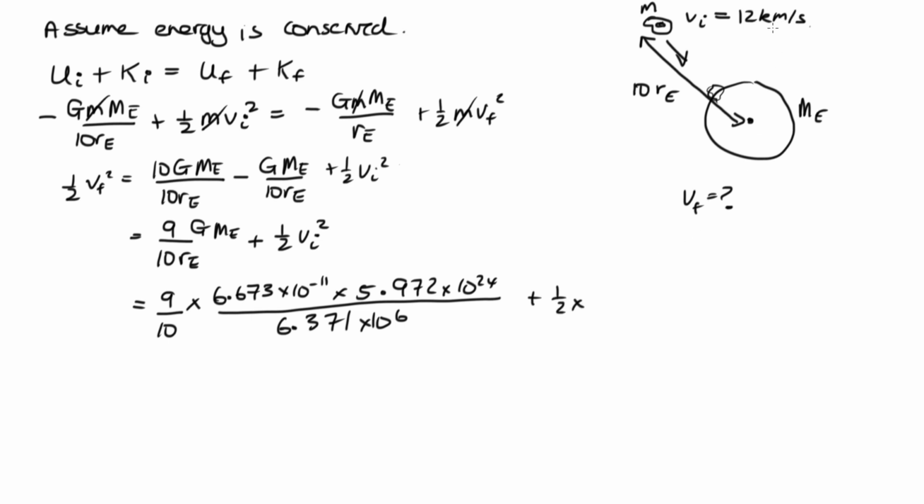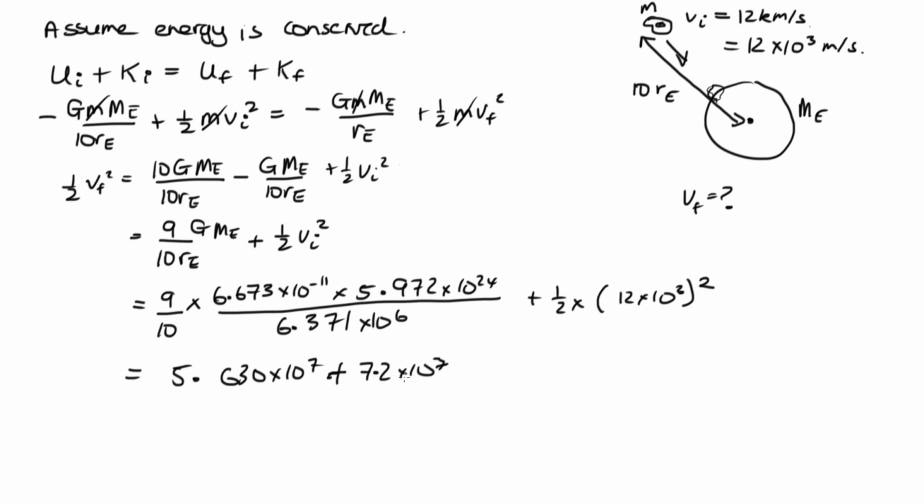Now the initial velocity was 12 kilometers per second, so that's equal to 12 times 10 to the 3 meters per second. So this is 12 times 10 to the 3 squared. So on the calculator, we put this in. This first term here is 5.630 times 10 to the 7. This second term here, the kinetic energy term, is 7.2 times 10 to the 7.